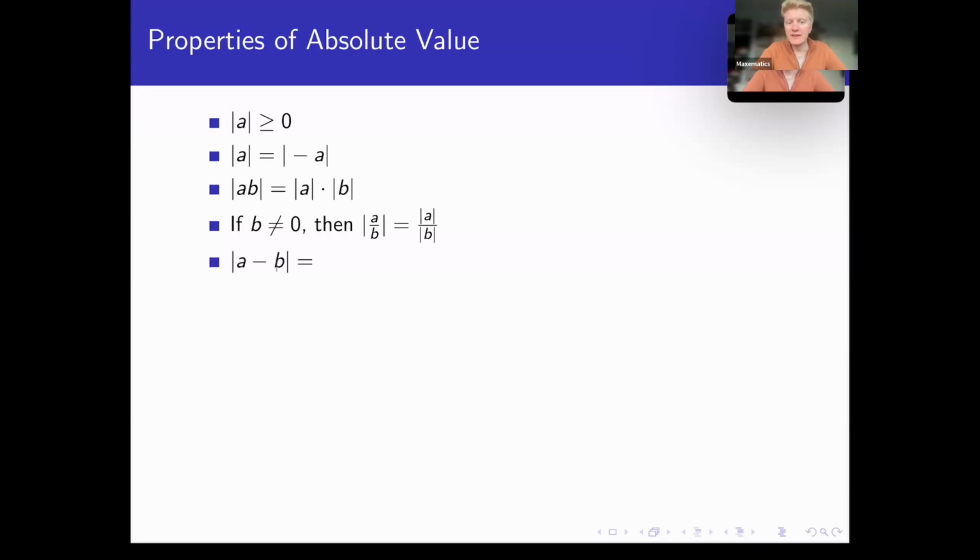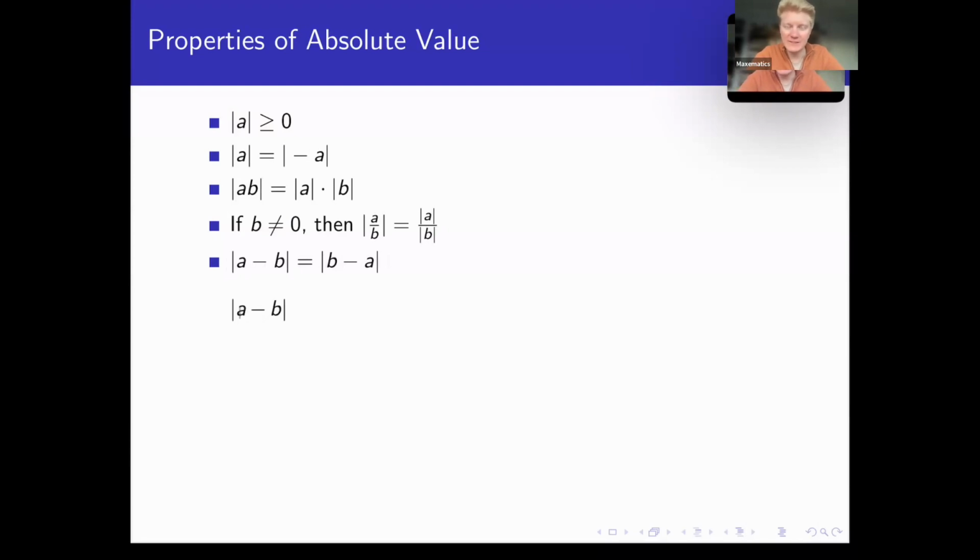The absolute value of a minus b, this is kind of interesting, is equal to the absolute value of b minus a. So here we split up multiplication, here we split up division, but we're not allowed to split up addition and subtraction. The absolute value of a minus b is equal to the absolute value of b minus a. So we can swap them in the case that it is subtraction.